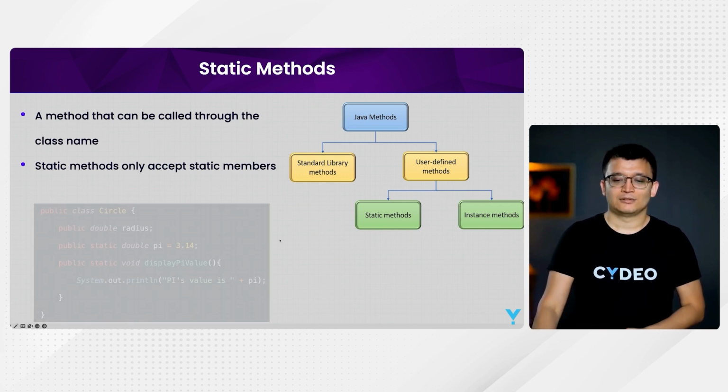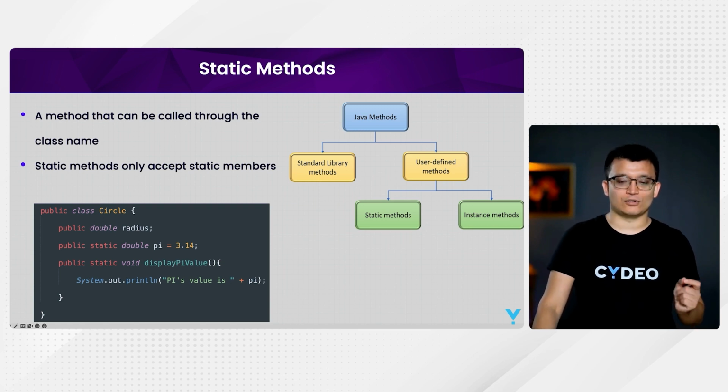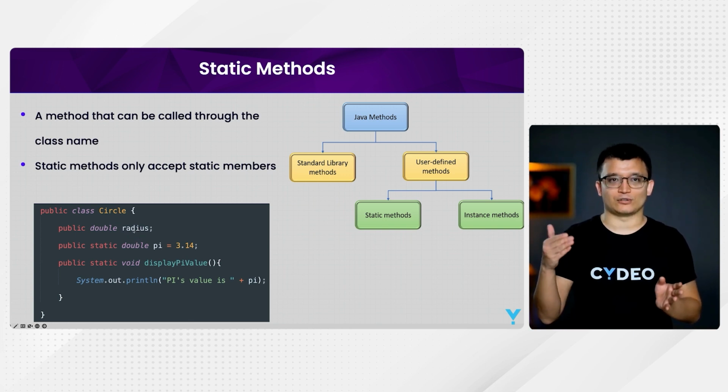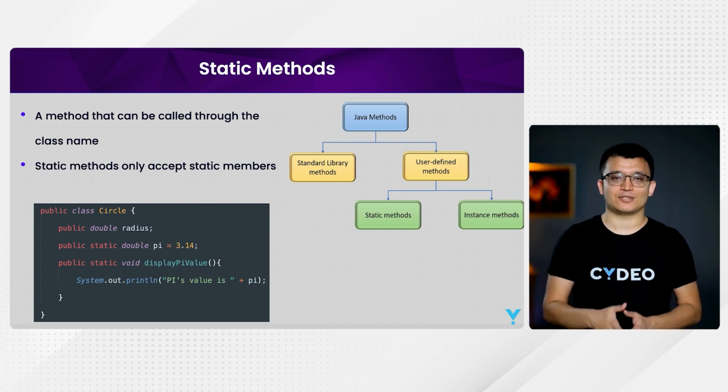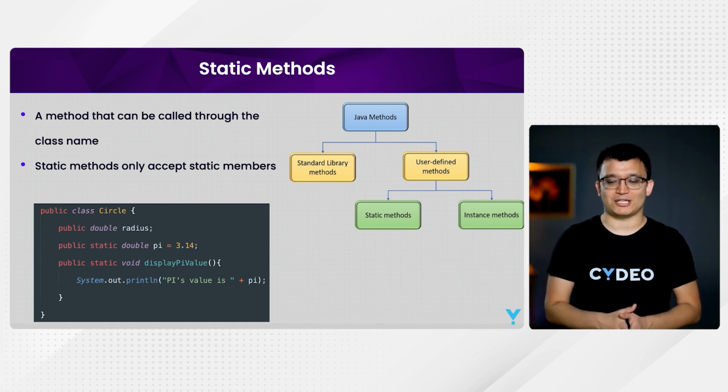For example, suppose that here is the circle class, the custom class Circle that I created here. In this Circle class, we have the instance variable radius because different circle objects could have different radius. We also have a variable pi, but it is declared as static because pi's value is the same for all the circle objects.